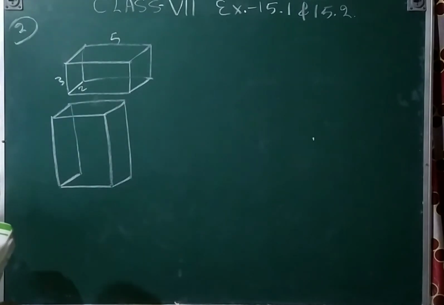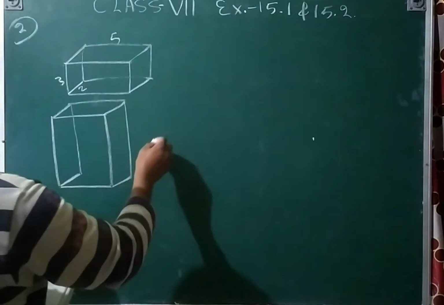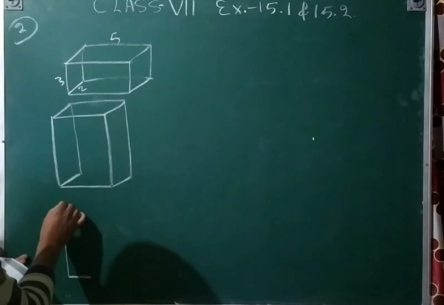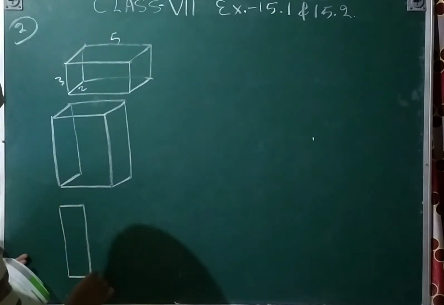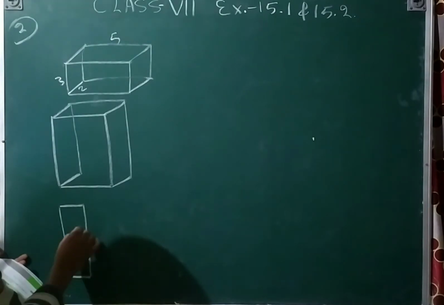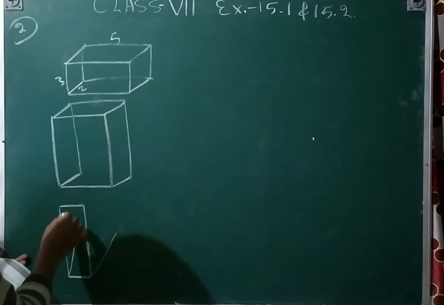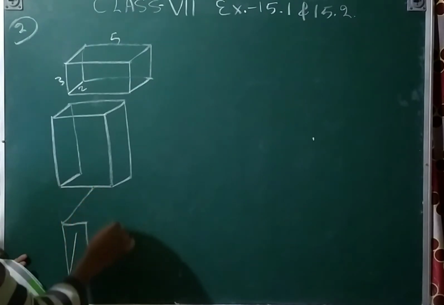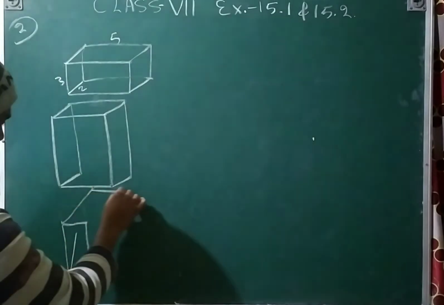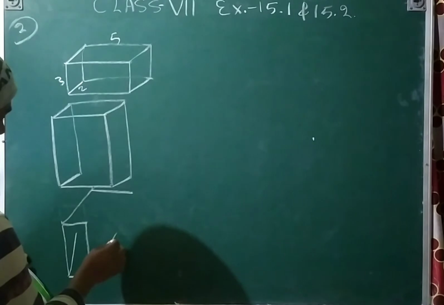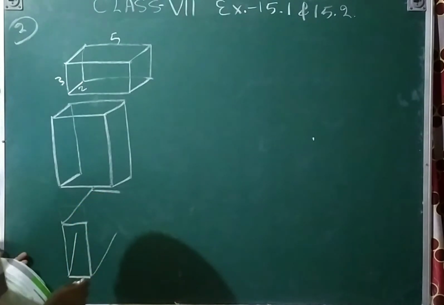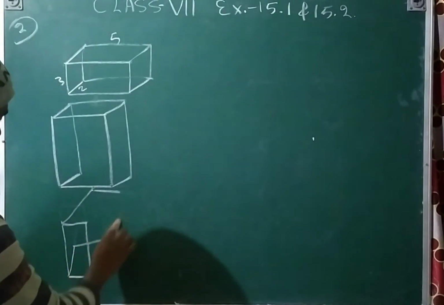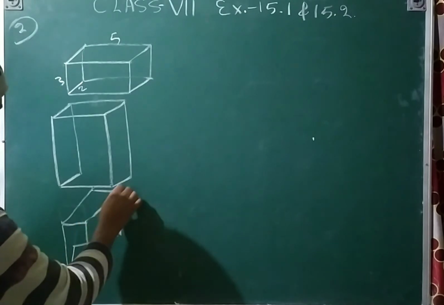And then another diagram, we can say the third diagram, we can draw 2 centimeter and then 5 centimeter, 2 centimeter, 5 centimeter, and then 3 centimeter, 3 centimeter. Just the left space is here, we can leave that. That will be 3 centimeter, like this.